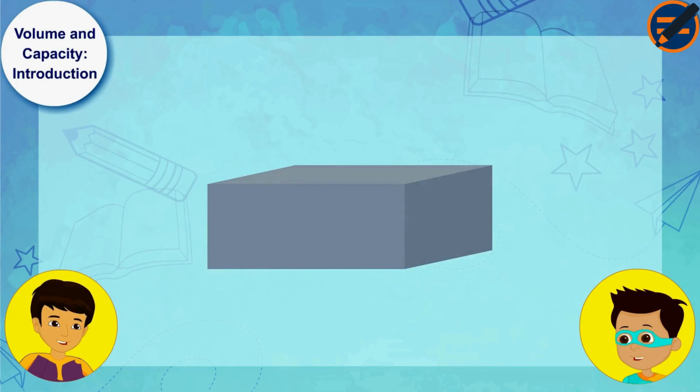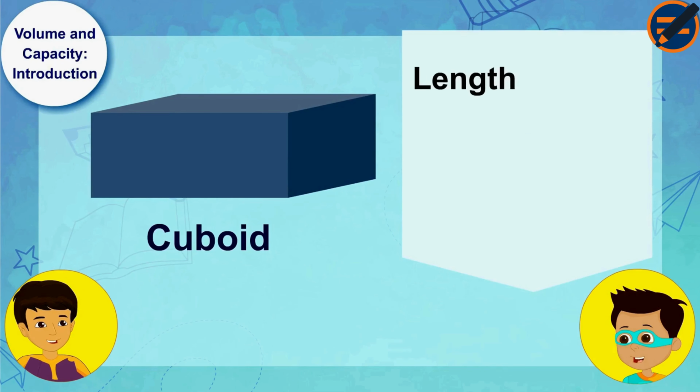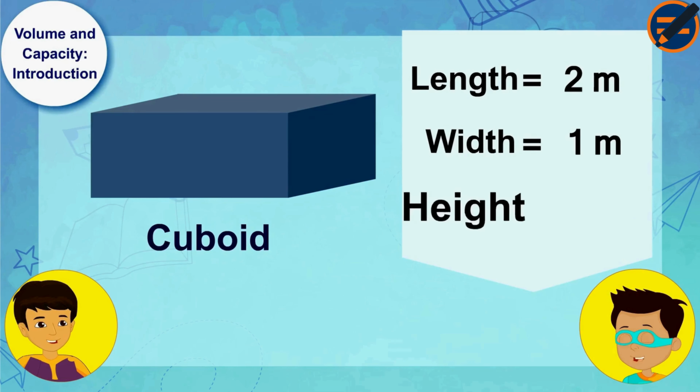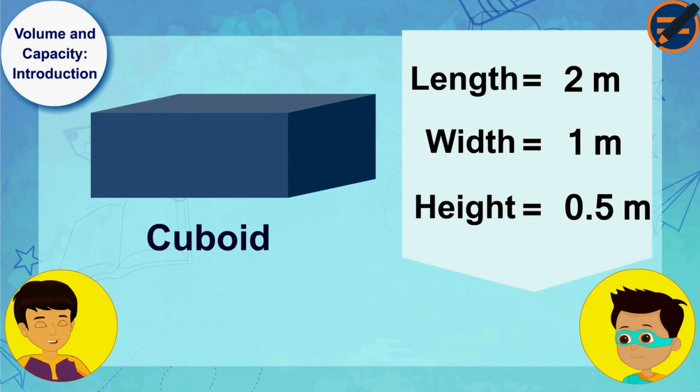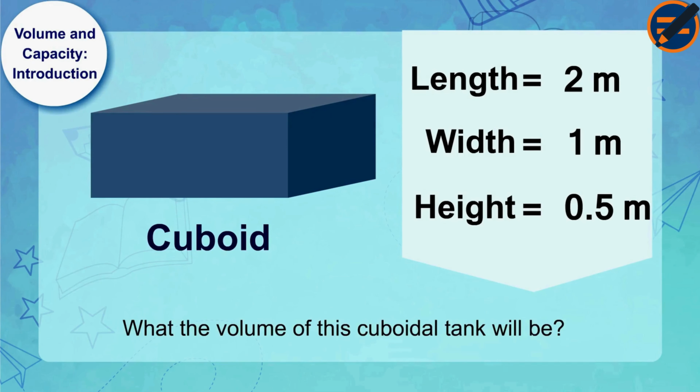Look, this tank is a cuboid and its dimensions, length 2 meters, width 1 meter and height 0.5 meters are written below here. Can you tell me what the volume of this cuboid tank will be? Friends, can you find the volume of this cuboid tank?